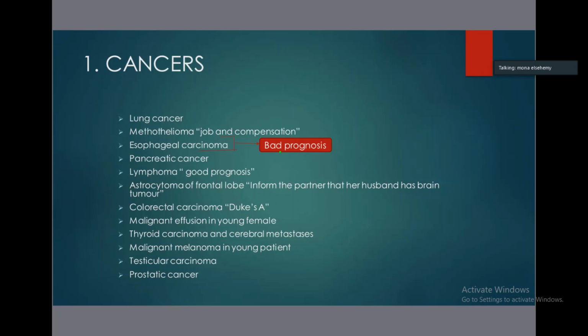Lymphoma is another type of cancer commonly appearing in the exam, which is on the other side of the spectrum. It is a curable type of cancer in most of the cases.